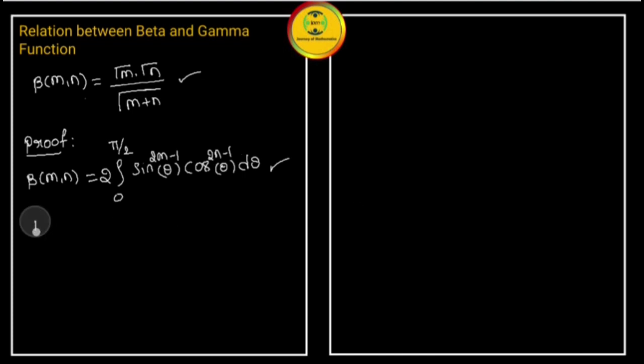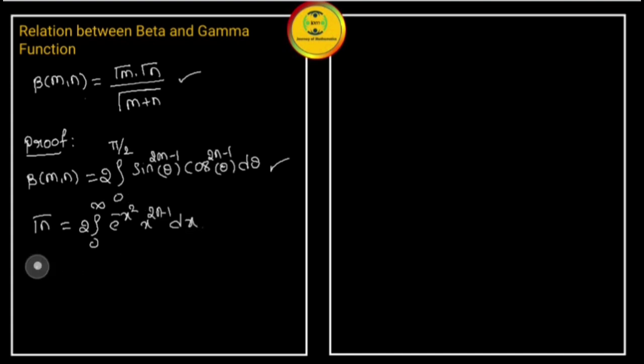In the same way, gamma of n is equal to 2 into integral 0 to infinity e power minus x square into x power 2n minus 1 dx. So this is the alternative form of gamma function. I can write it in terms of x. In the definition we have replaced it as theta. So you can write it in any variable.